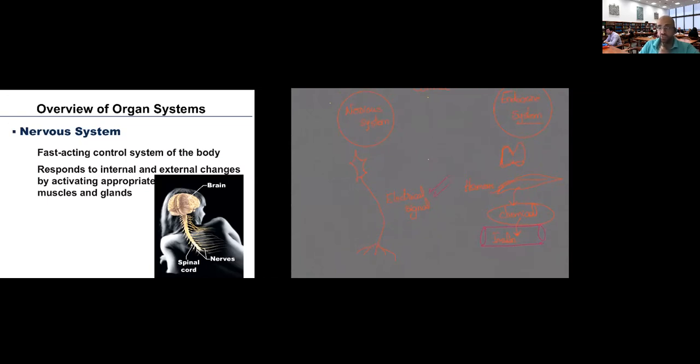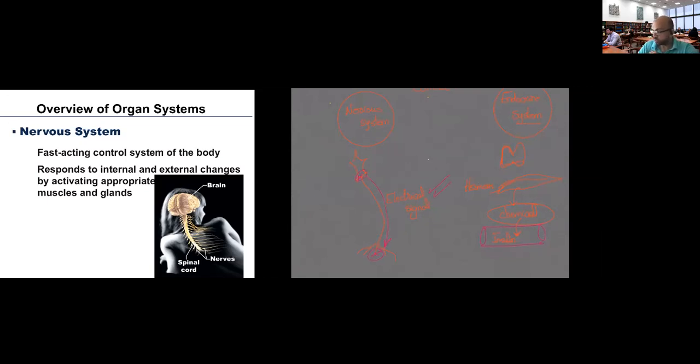So this is faster. Which one is going to be more specific? It targets a specific organ. It won't reach any other one other than this specific organ, your nervous system or the endocrine system? Nervous, you see, I have two ends of the wire. So I'm going to be specific. I'm more specific. It's going to be faster.